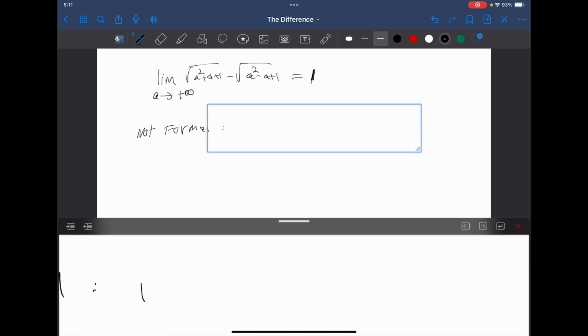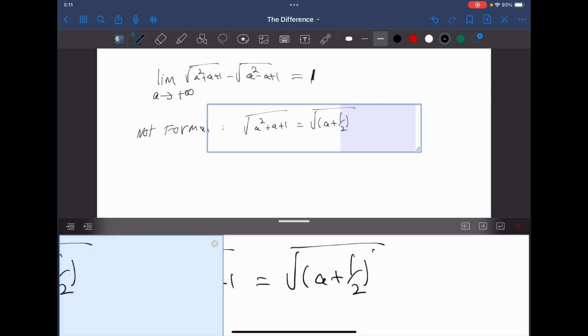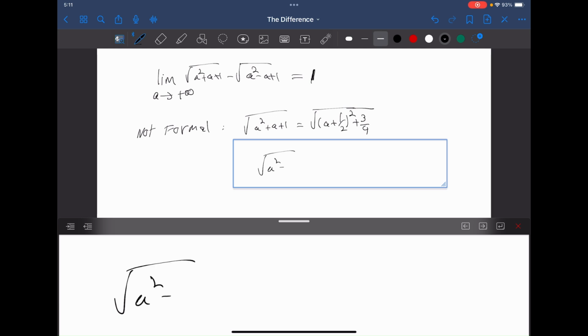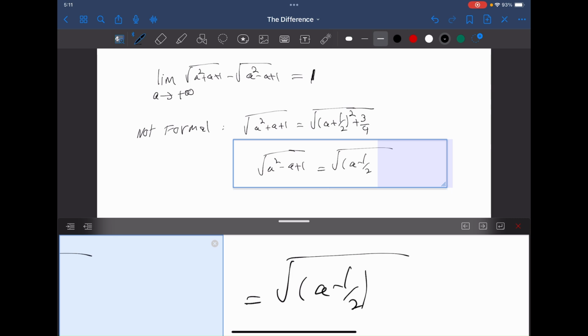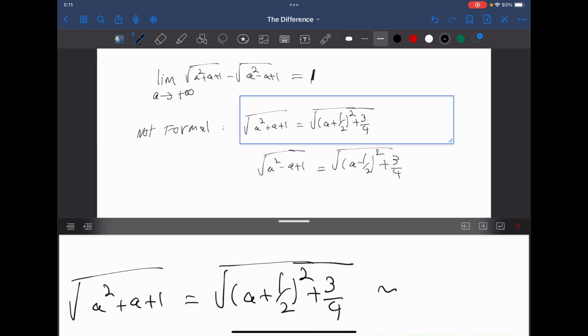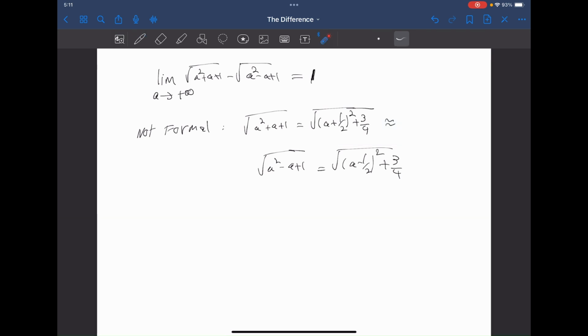We have root of a squared plus a plus 1 is about a, right? So okay, now if a is large, I can basically get rid of this term because this is going to be a huge term and this is going to be a very small one.